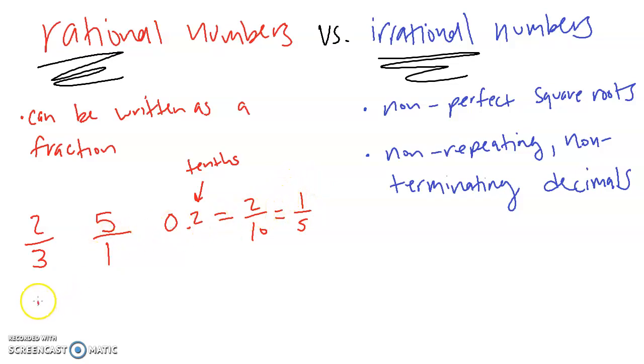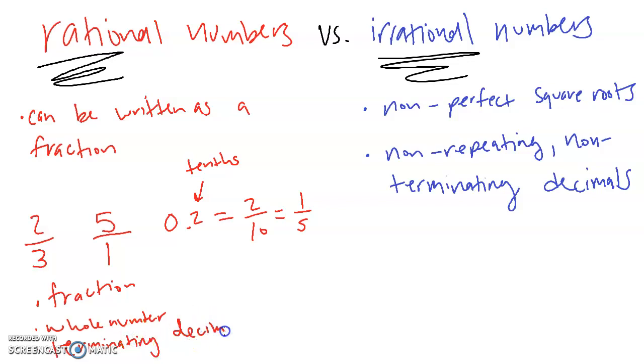So we know that anything that is a fraction, anything that is a whole number, or anything that is a terminating, which means to stop, terminating decimal, is a rational number.